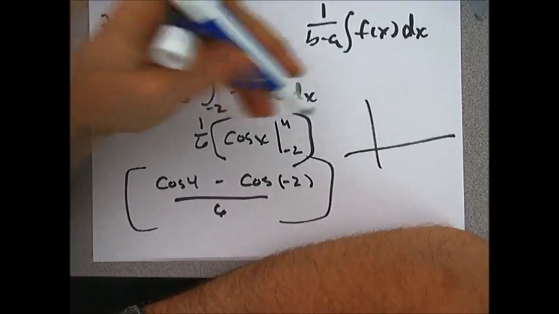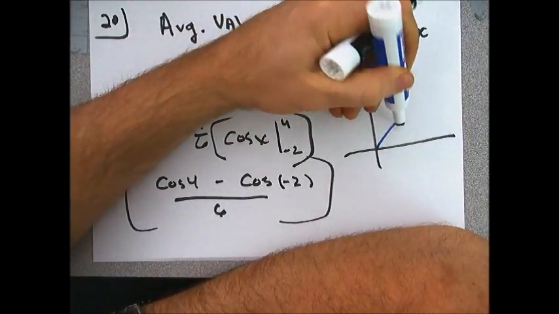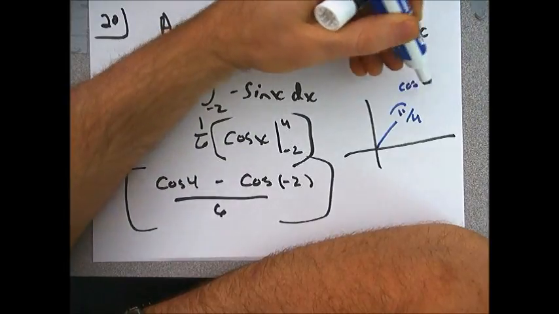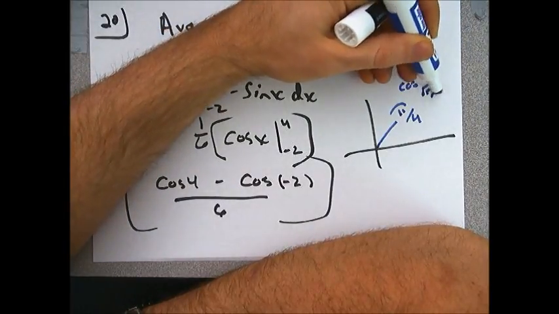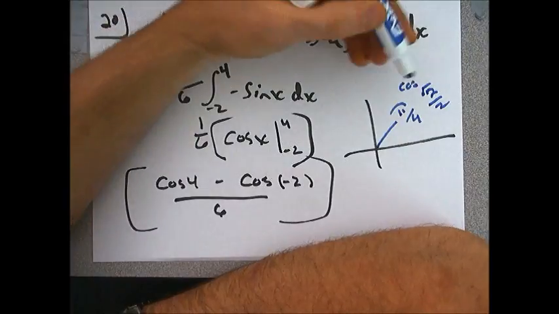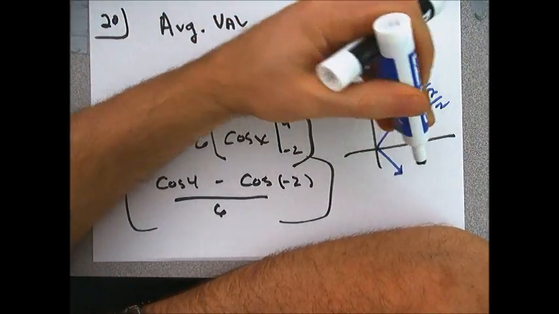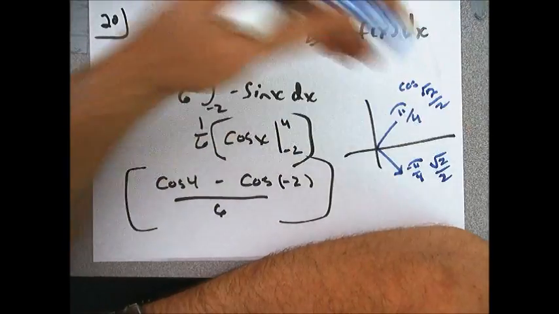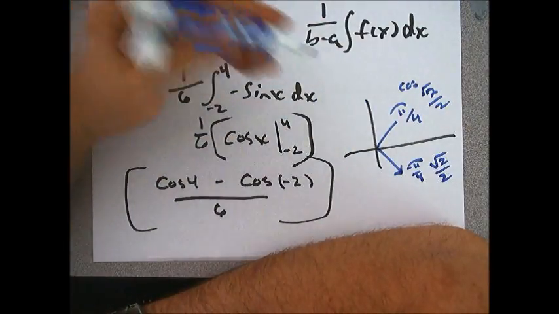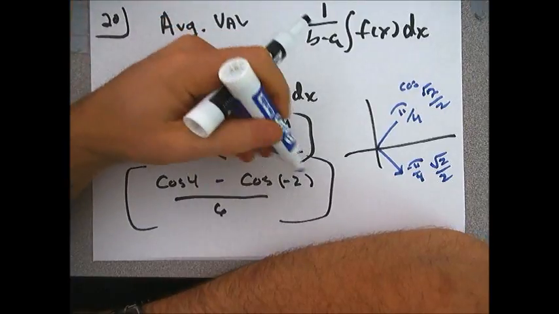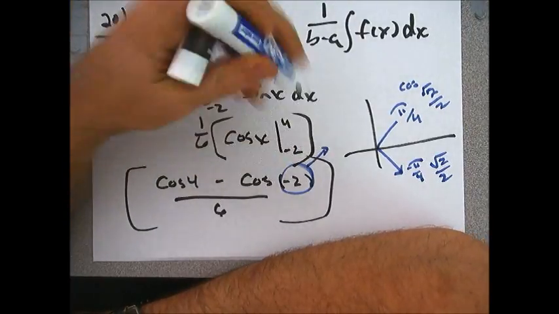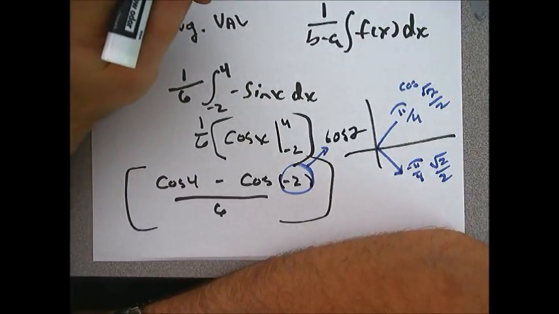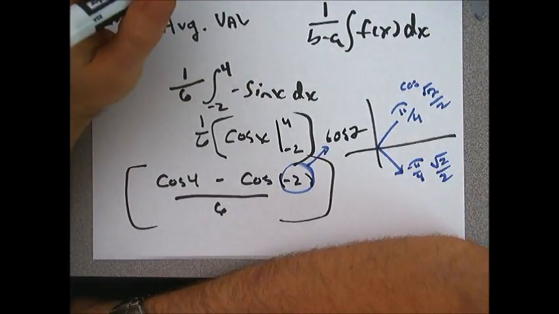If you look at, let's just say, pi over 4, its cosine value would be root 2 over 2. If you look at its identity down below at negative pi over 4, this one has the same exact root 2 over 2. So by a trig identity, you can say that this is the same thing as just saying positive 2, cosine of 2, giving you choice E.